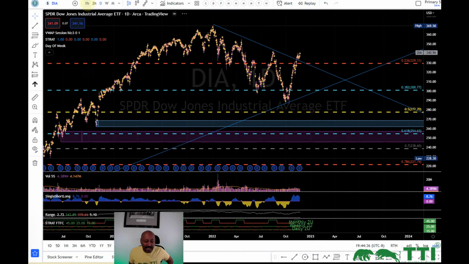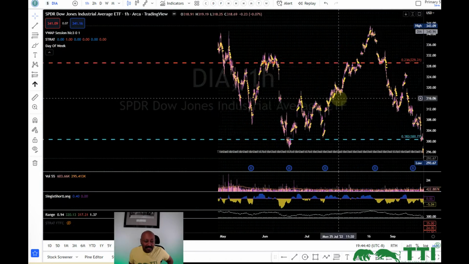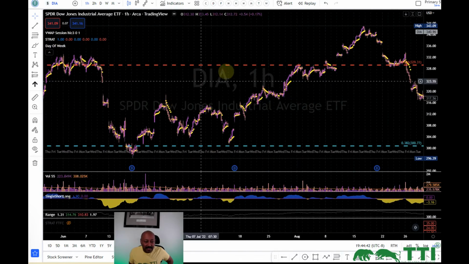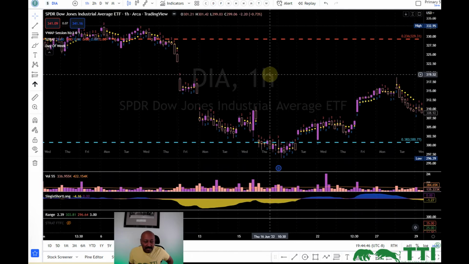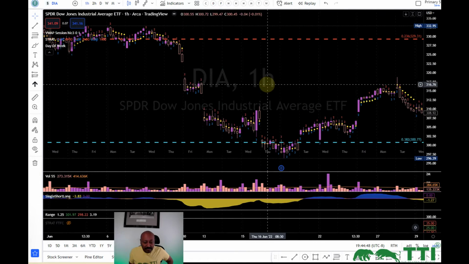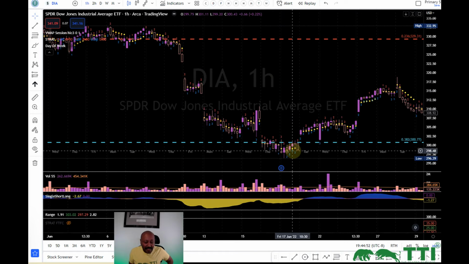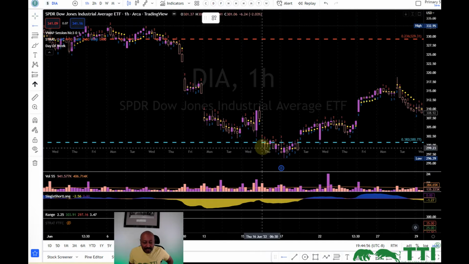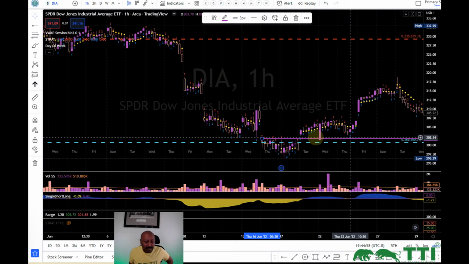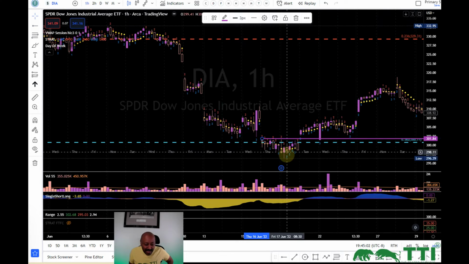But when we say hammer, we go to our pull the trigger chart. We go to our hourly chart, and we see, okay, lots of consolidation here. When I break above that consolidation, I can enter. That's because I didn't see a clear hammer. This kind of looks like a hammer.